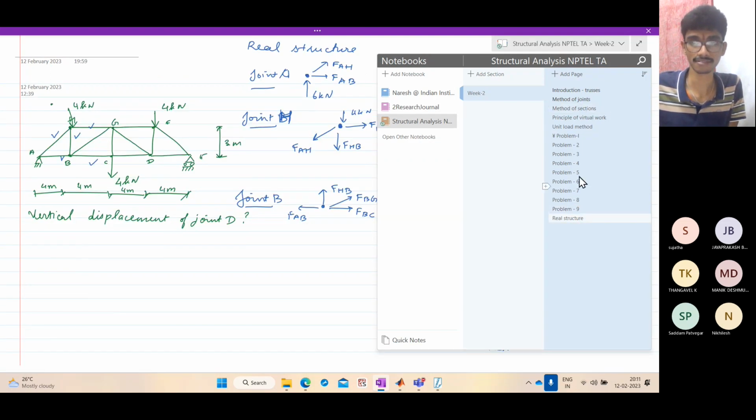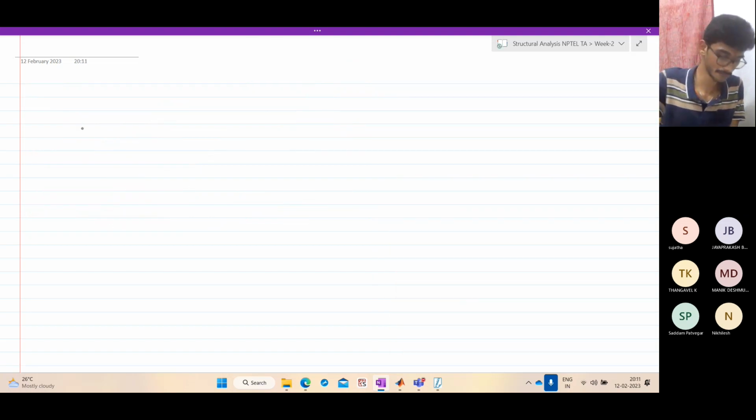So this is the real structure. Now, let me add another page for the virtual structure.